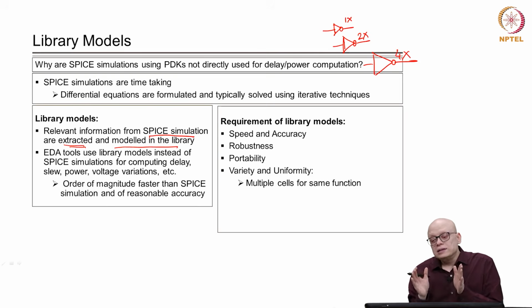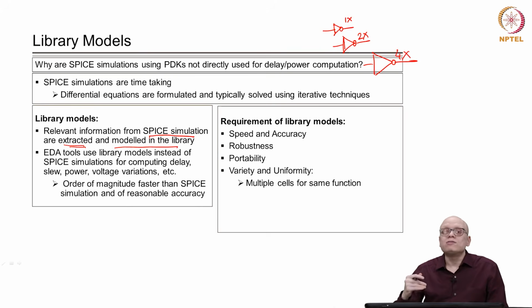So, now the library should be rich enough and it should contain cells of various drive strengths and the same functionality. Why do we want to do this? We want to do this so that there is a sufficient degree of freedom for the synthesis and physical design tools.